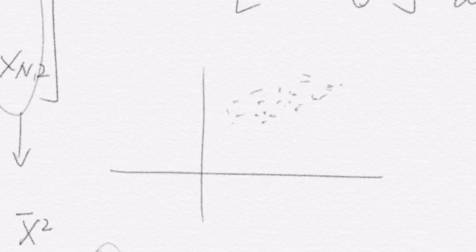If we calculate the center of the data distribution, for example, this is x1 bar and this part is x2 bar. So the first step is to move the data in this direction, so the entire data distribution is located at the origin.